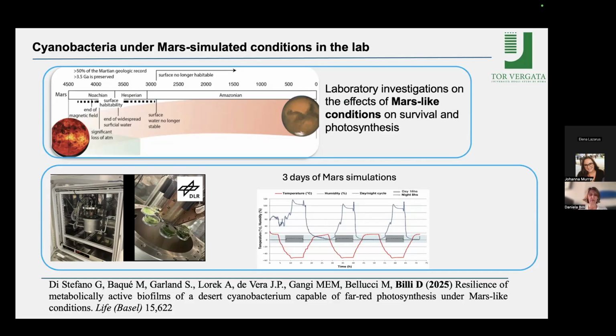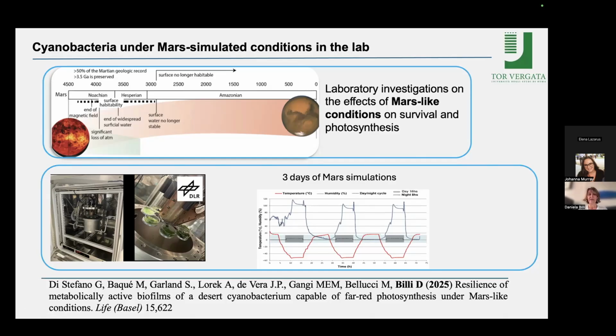For example, we use the one that is present at the DLR in Berlin, in Germany, so the German Aerospace Center, and we simulated for 3 days the Martian conditions: temperature going up and down past the freezing point, and low pressure.